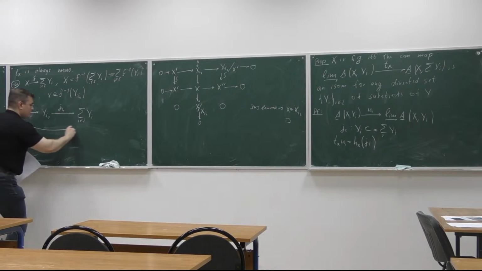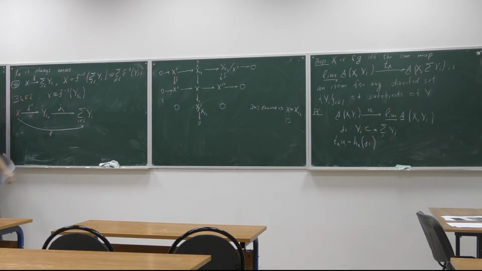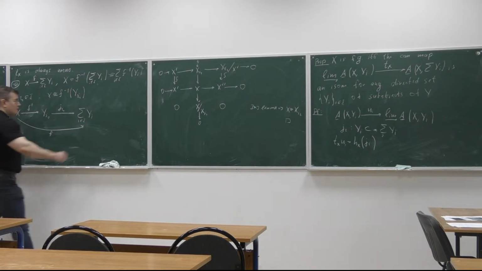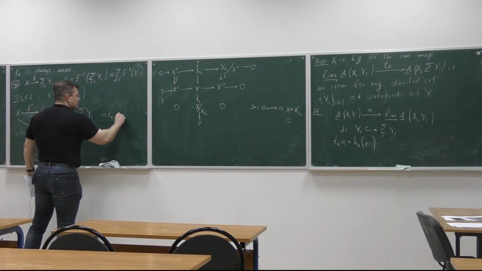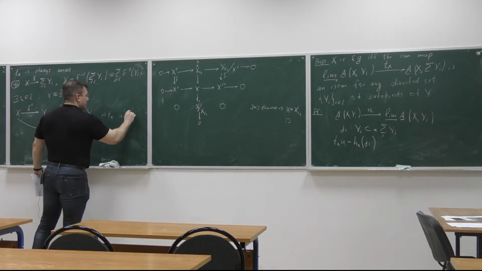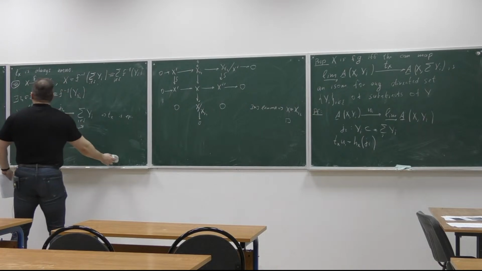So this composition is f. But if we have this, this means that T sub x is an epimorphism. I started with any map from the right-hand side, and I presented this as an image of T sub x: I take a particular map, I take composition with this canonical map, and I get my given map. So T sub x is an epimorphism. And this finishes the proof in one direction.